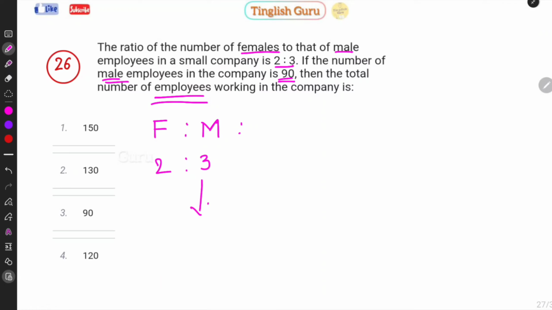Male employees value is 90. So on multiplying with 30 we are getting 90, right? So this side also we have to multiply with 30, that means 60. See, on converting, 60 is to 90 in the ratio, we will again get 2 is to 3, right?